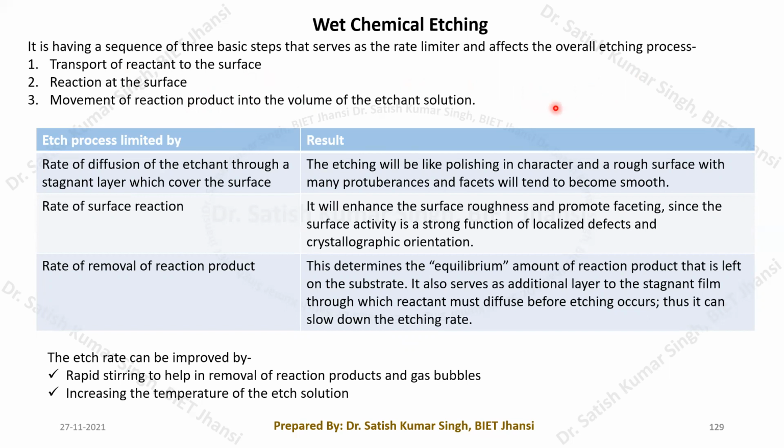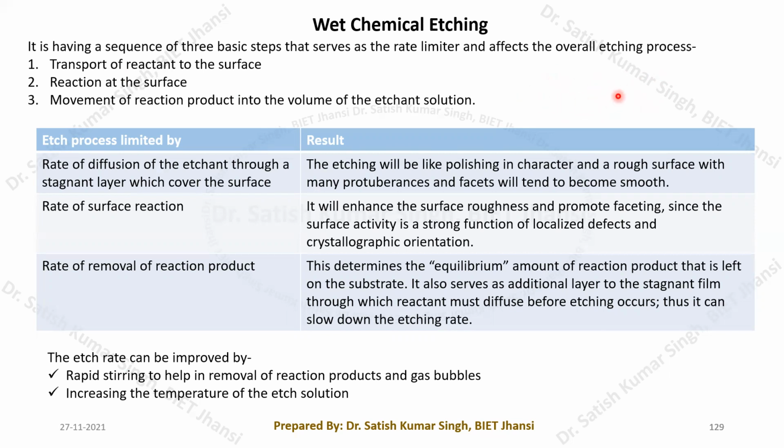So once the chemical reaction starts, a certain byproduct is going to be formed around the surface. Generally what happens, because of this, there will be a creation of some stagnant layer.